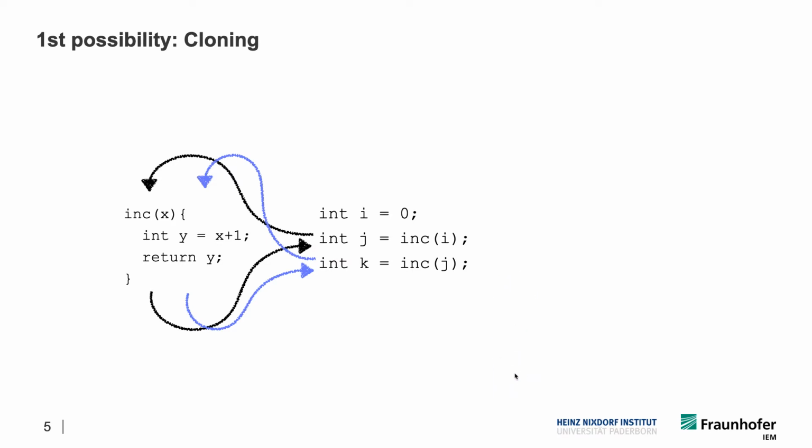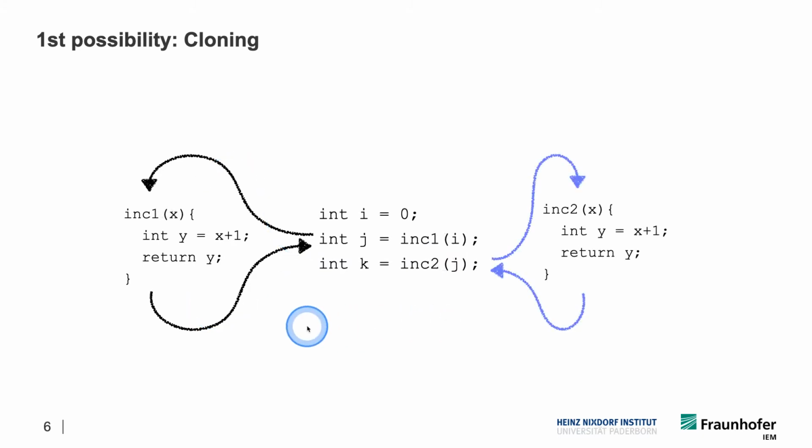But what you can do now is distinguish these two different calling contexts, this one here and that one there, by generating clones of that procedure. You take your increment method, rename it to inc1, create a second one, inc2, with identical contents, and then also rename the appropriate names at these different call sites.